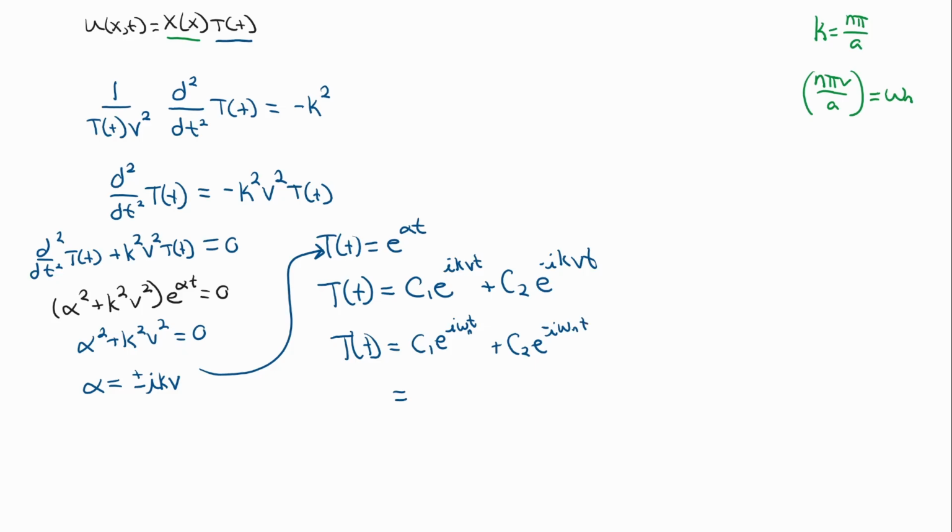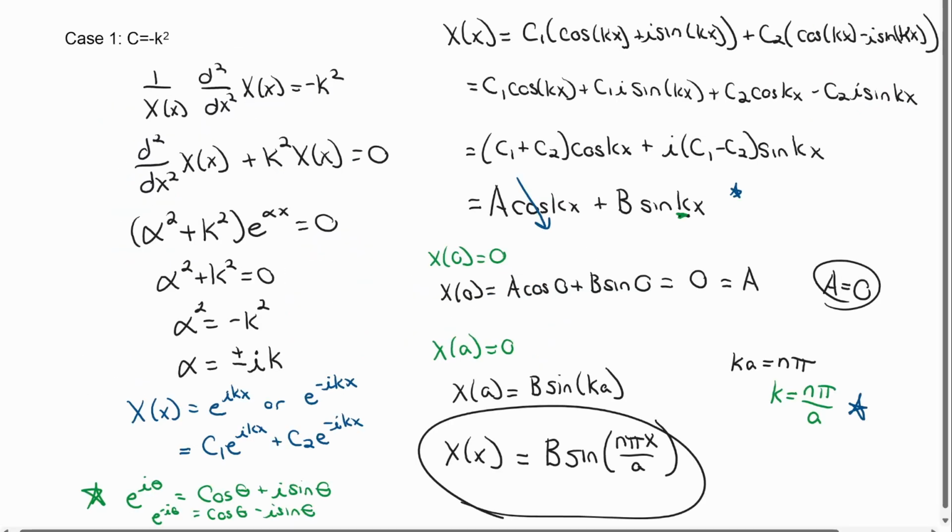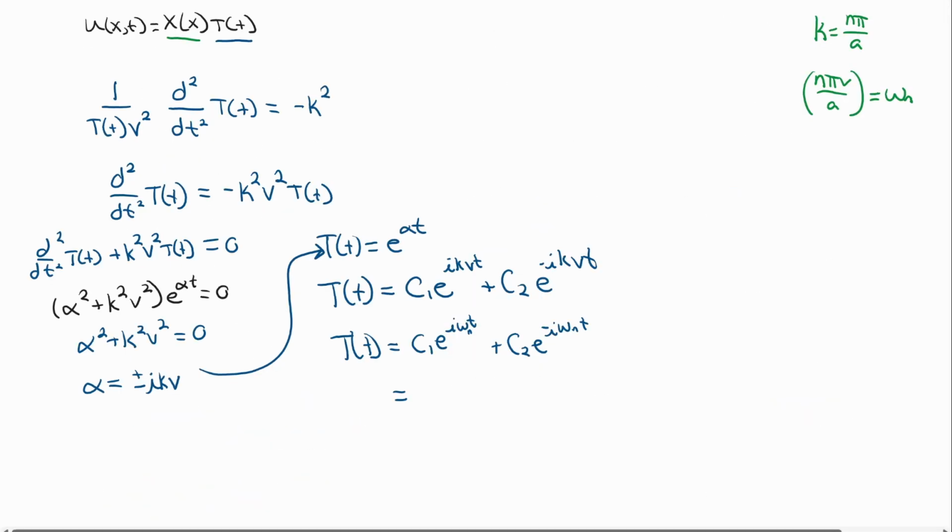And just like before, if we plug this in with our Euler formula, we'll end up getting, and I'm going to rearrange and call them new constants, just plain c and d, c times cosine of omega n t plus d times sine of omega n t.